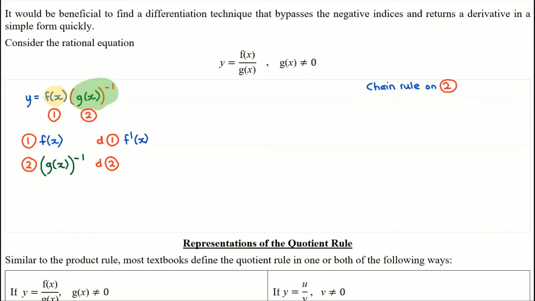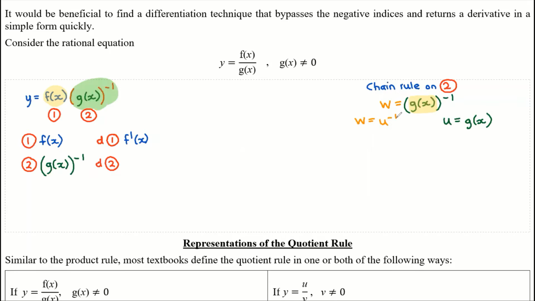Well, I'll use my go-to function, I'm going to call it w, is going to equal my g of x raised to the power -1. And you can probably tell my u substitution is going to be the g of x. So in fact, I'll write that down first. So my u is going to equal just g of x, and my w is going to equal u to the power -1.